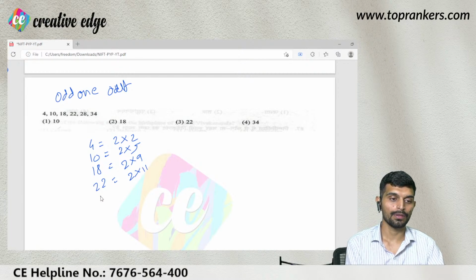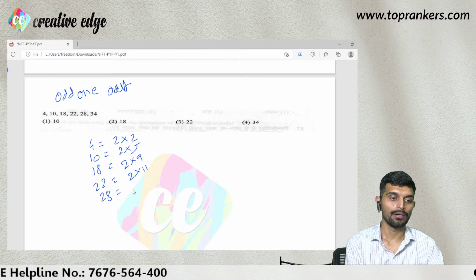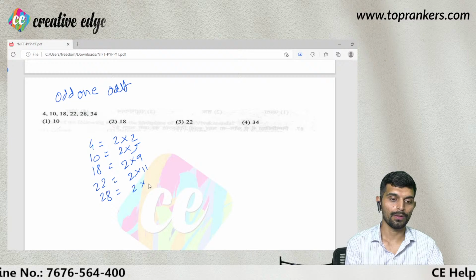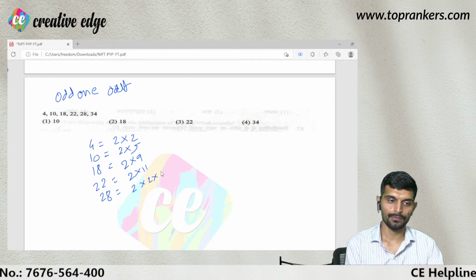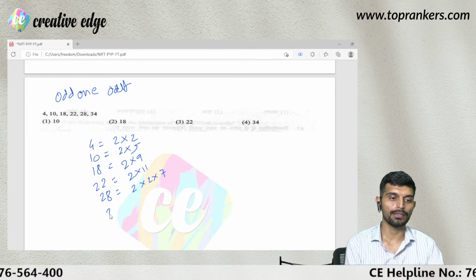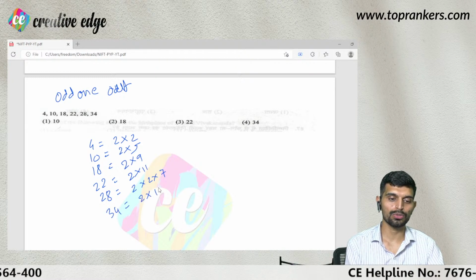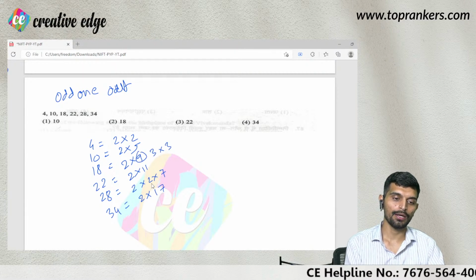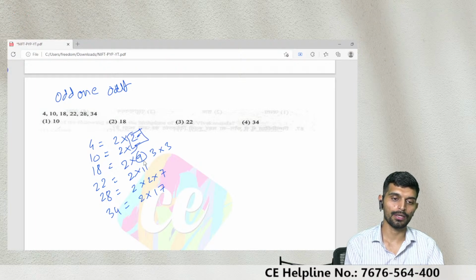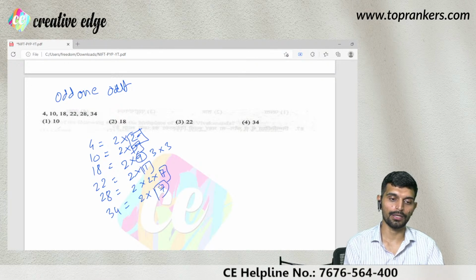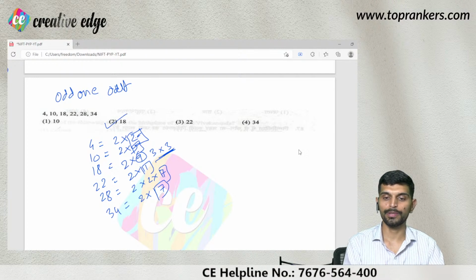And 28 can be rewritten as 2 into 7, right? And then 34 can be rewritten as 2 into 17. This 9 can be rewritten as 3 into 3. So there are 2's everywhere, then only prime numbers, right? 2, 5, 11, 7, 17. This is different, so the answer should be 18.